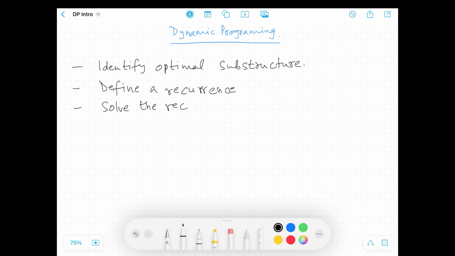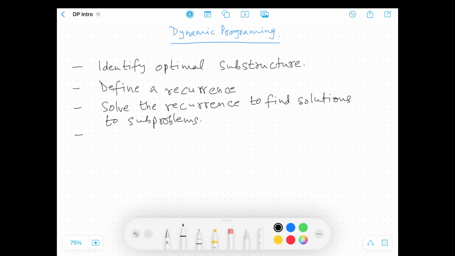Solve the recurrence to find solutions to subproblems. And while solving the subproblems, we eventually reach the final solution.